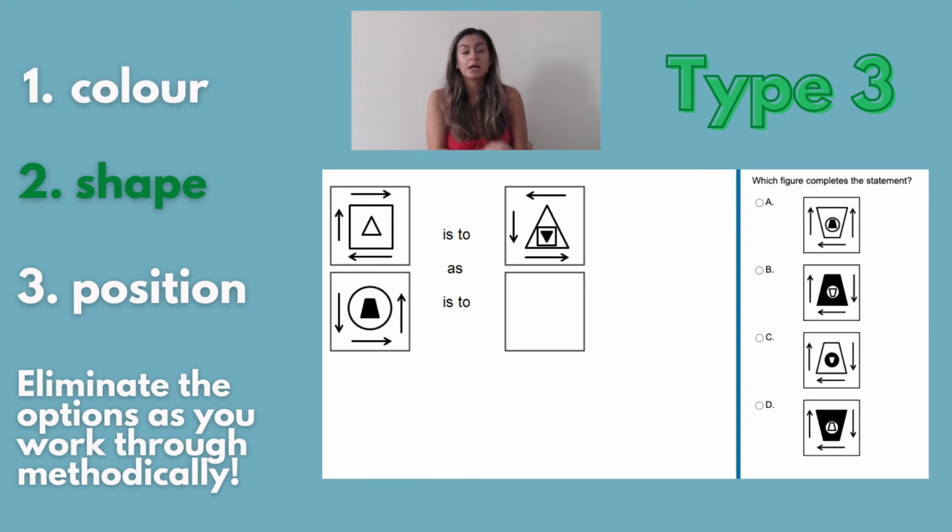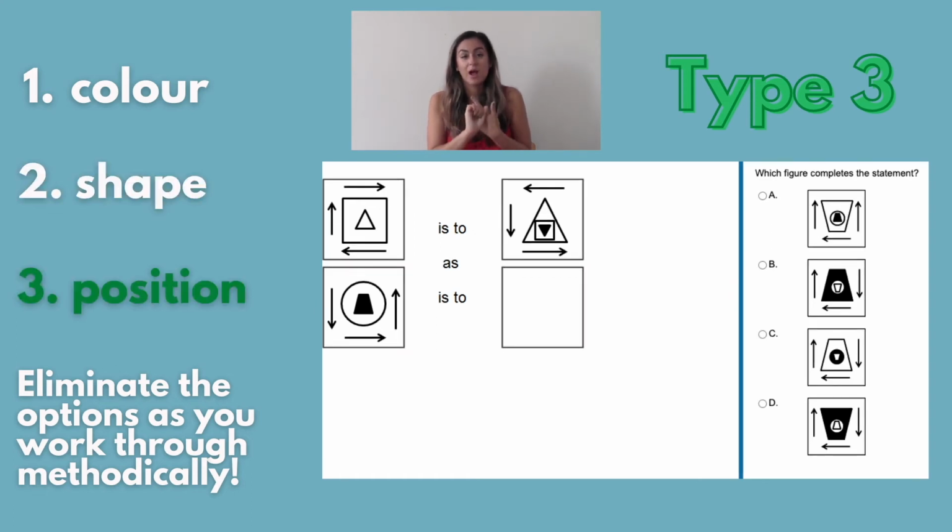Shape. So is it that all the shapes have been flipped by a line of symmetry? Or is it that the shapes with odd indices have swapped over or been replaced by a shape with another odd index? Position. So with positioning, it could be that every square has been rotated by 90 degrees within that box, but everything else has stayed the same and you've got overlapping shapes.